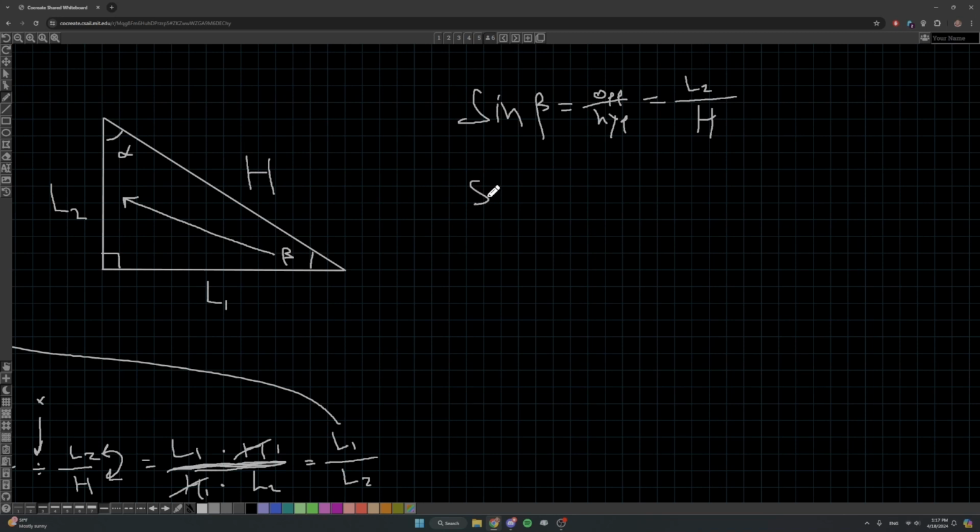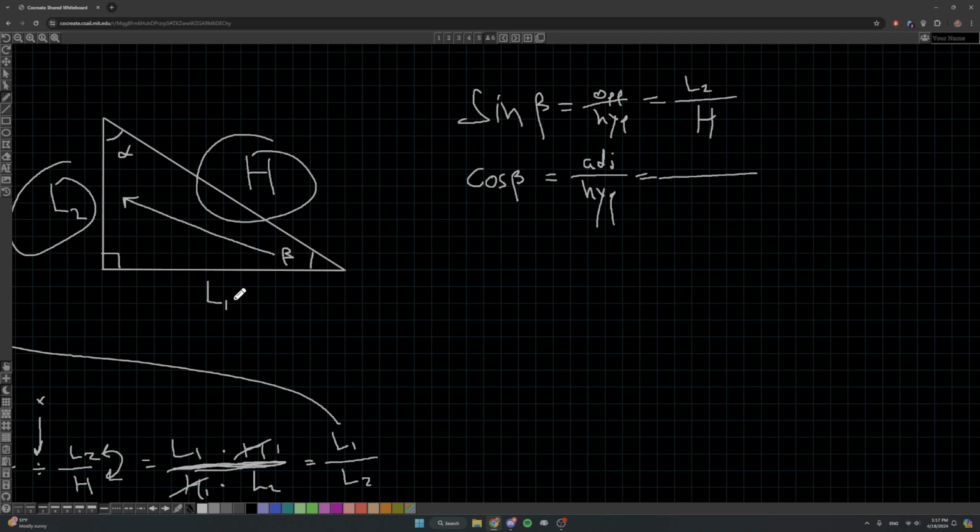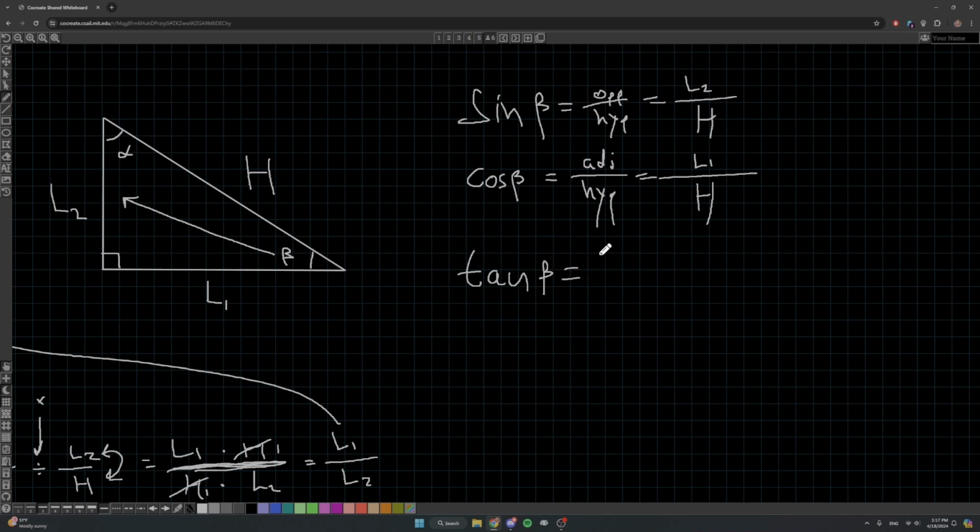And then we do cosine beta, which is going to be adjacent over hypotenuse. So it's not going to be our opposite, it's not going to be our hypotenuse, it's going to be that third side. So it's going to be L1 over h, and then tangent is going to be opposite over adjacent.